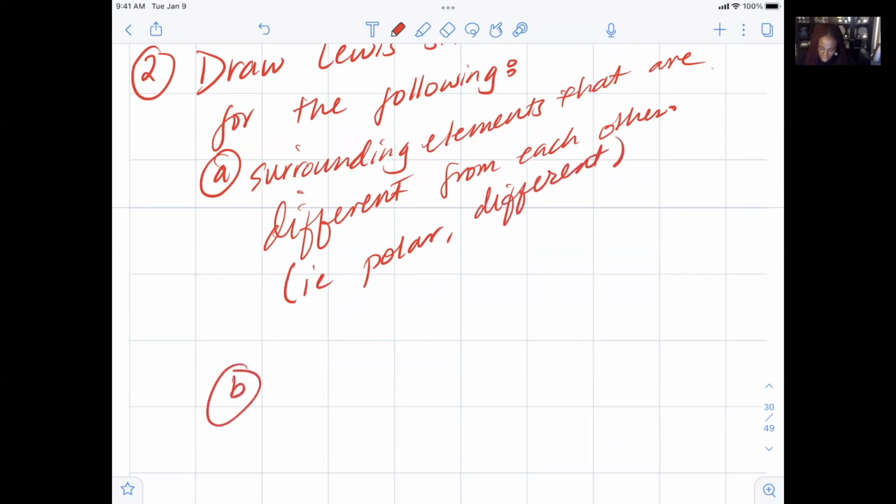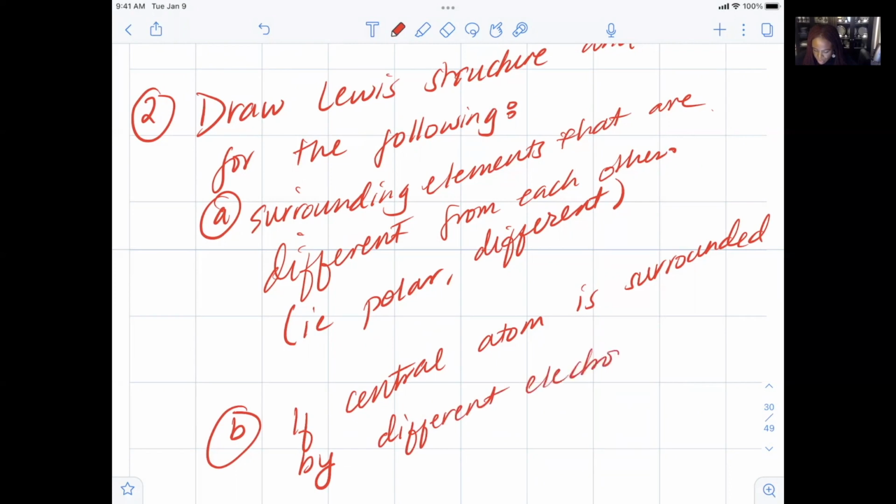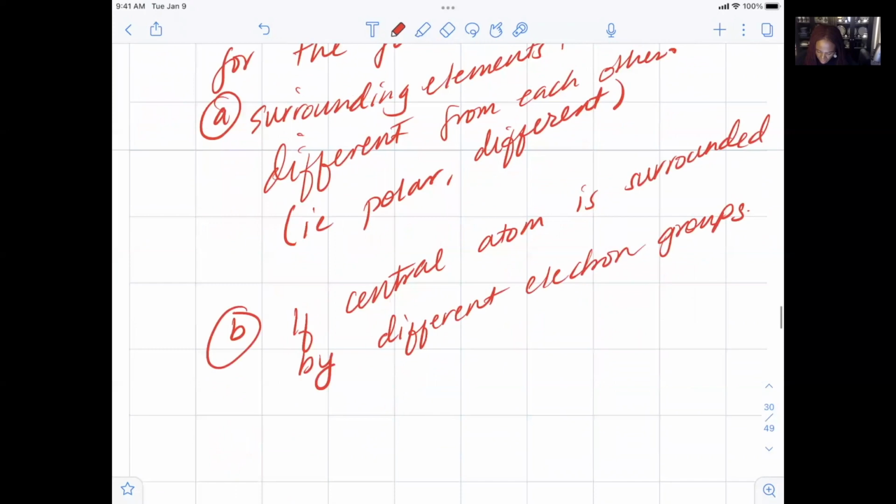And then the B is if the central atom is surrounded by different electron groups. The one that we're looking for here is usually a lone pair.